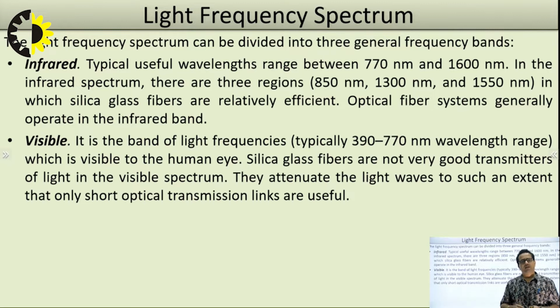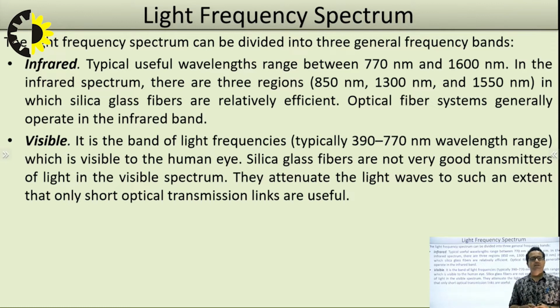Then, with further purification of the material used for fabrication of optical fiber, they reduced the attenuation from 4.5 dB per kilometer to around 0.6 dB per kilometer at 1300 nanometers.